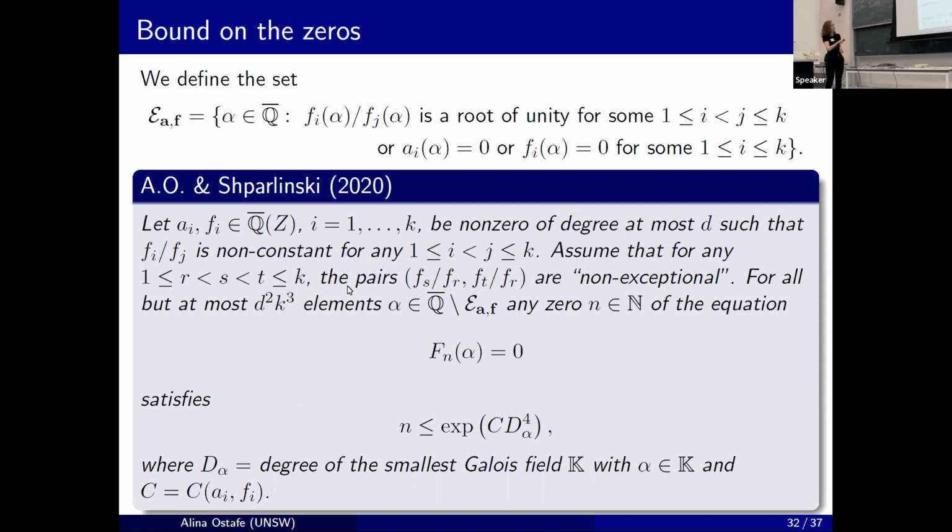So we have a bound for the zeros in such a linear recurrence, which depends on alpha.